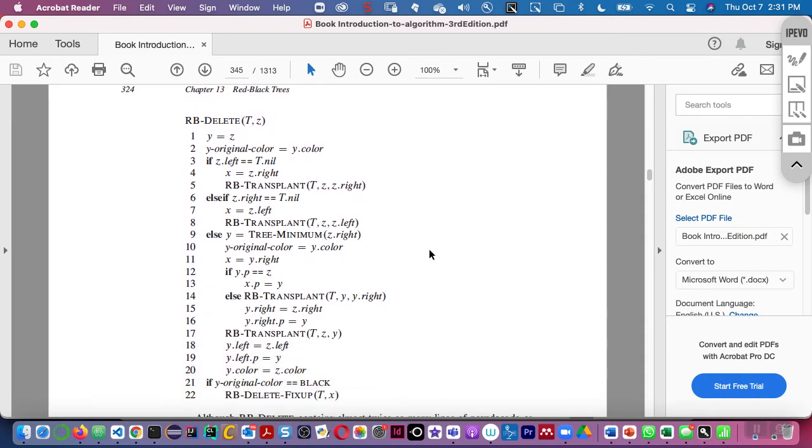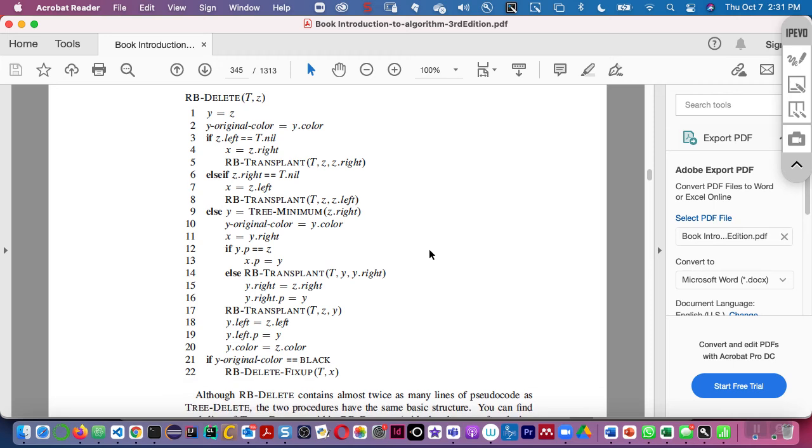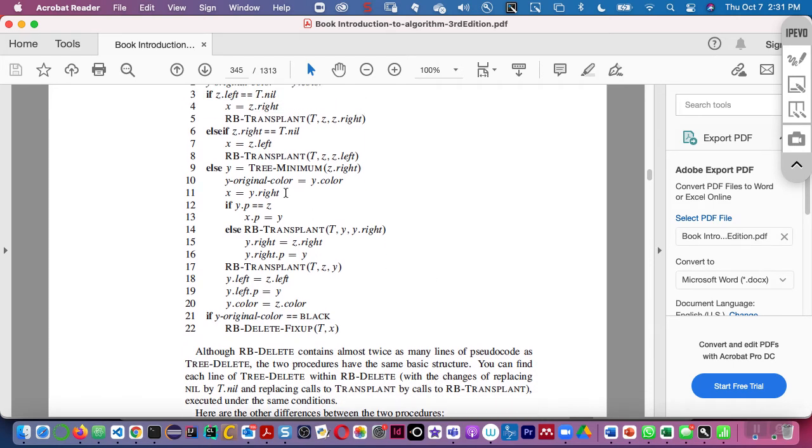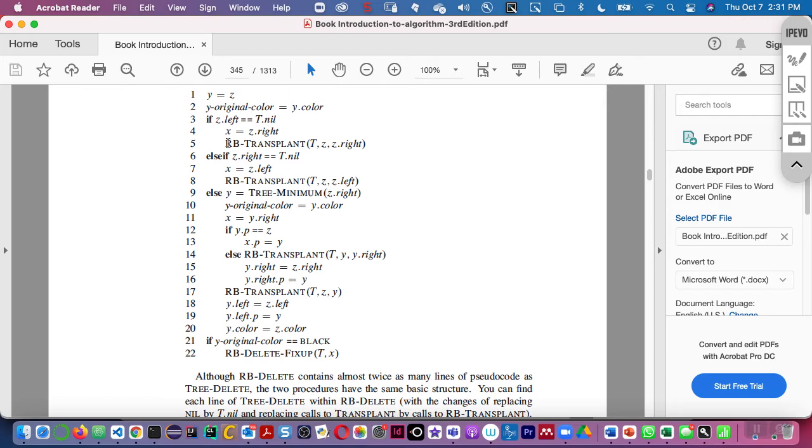See, this is the delete algorithm. So mainly my goal is, there are 3 sub algorithms over here. I will give you some clue how to understand what these two mean.